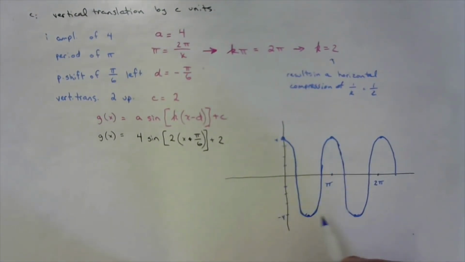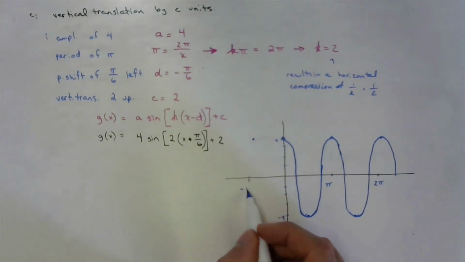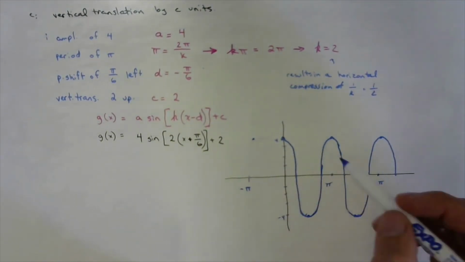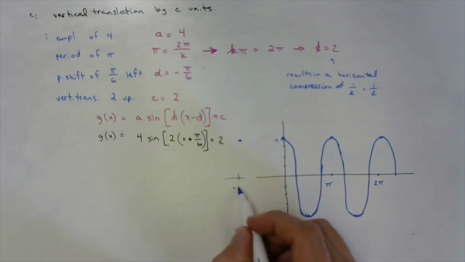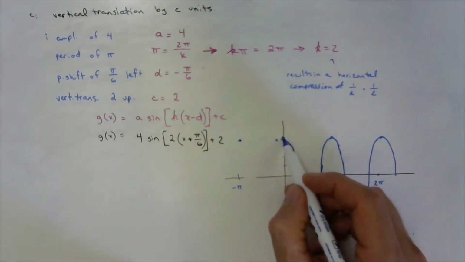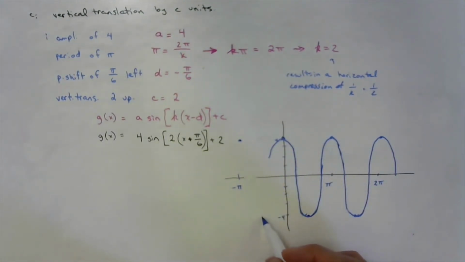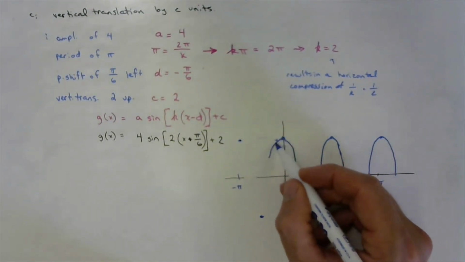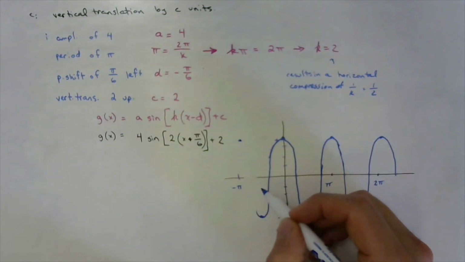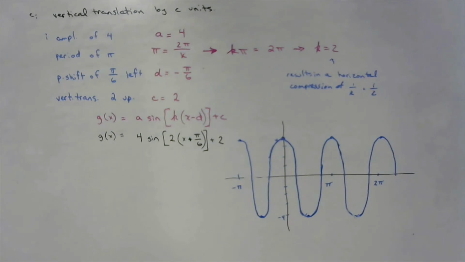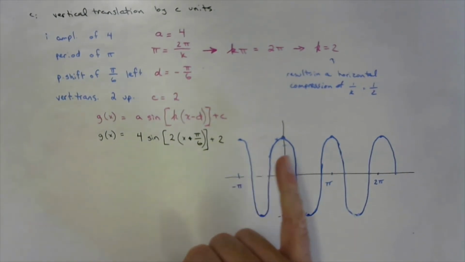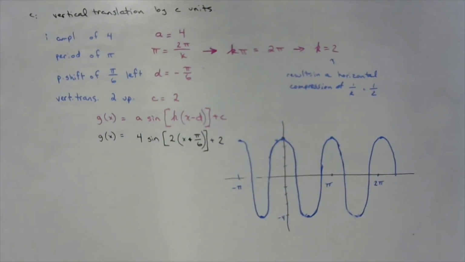So you could also keep going and go down into -pi, in which case you'll be back at your max. So going down, there's my min. All right, good enough. We have 3 full cycles there.